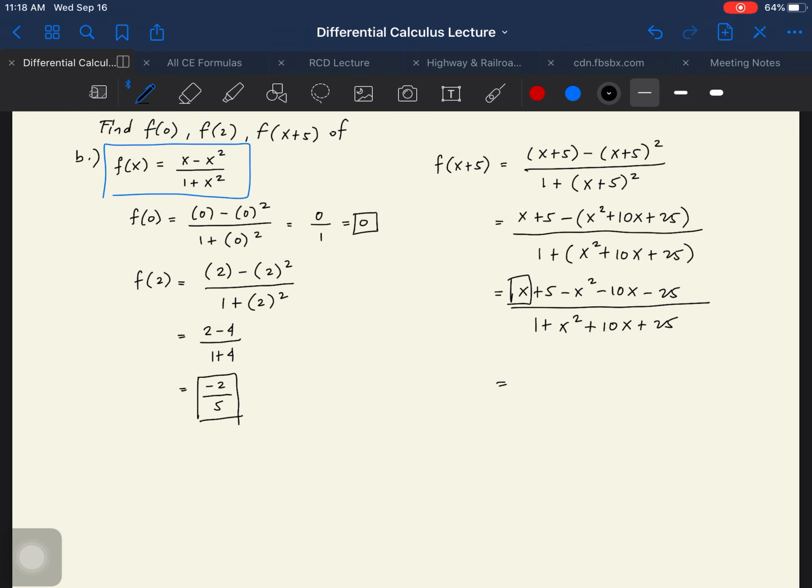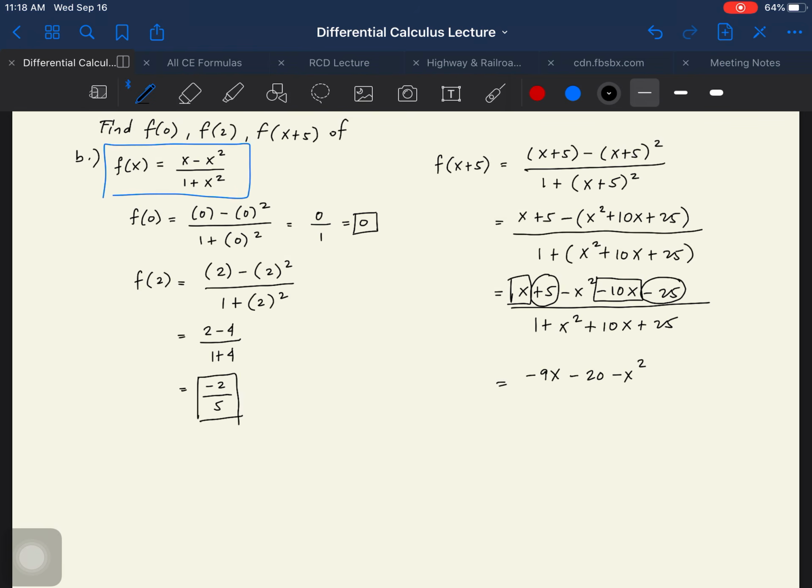So x here, similar with negative 10x. The answer for this one is negative 9x. Then we have there 5, positive 5, then we have negative 25. This becomes negative 20. So we are following the sign of the larger number, which is 25.